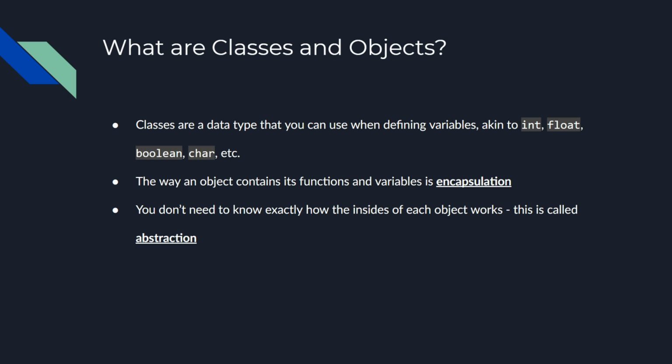And then this is a little bit of vocabulary because you might be asked this stuff in a job interview. When I said earlier that an object knows things and does things, it has its own variables. The variables in that object are separate from the variables of any other object. So if you change a variable in one object, it's not going to affect the same variable in a different object.